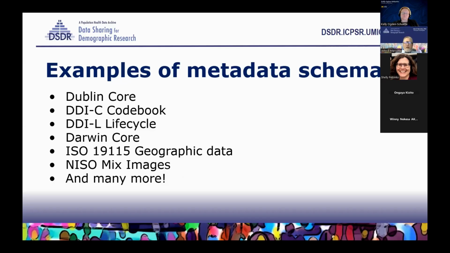This is growing for us because we have more and more longitudinal data. There's Darwin Core for biological data. There's ISO 19115 for geographic data. There's NISO for MIX in images, and there's many, many more. Metadata is the scheme. So getting a room full of people to agree on the metadata is important. So what do we need here?